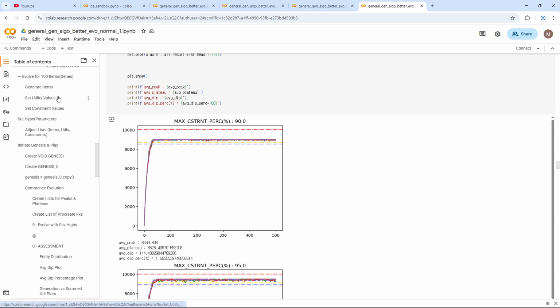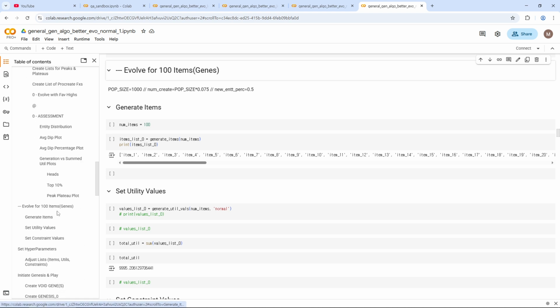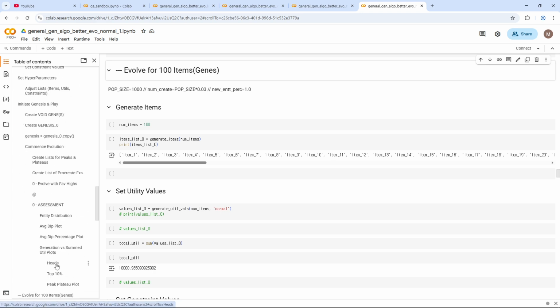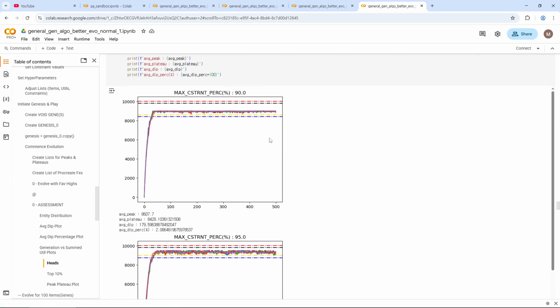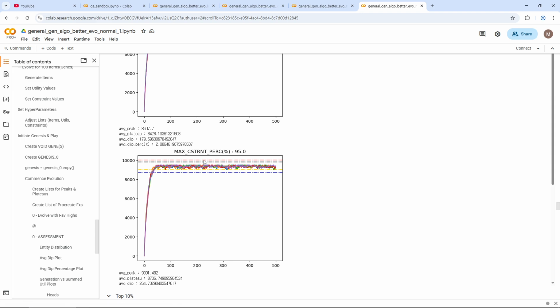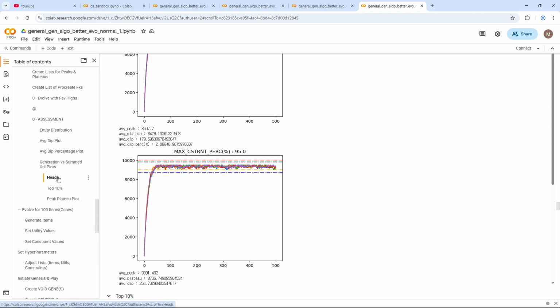This is when num create was pop size times 7.5% and new entity percentage was 0.5. And in this case it also did. Let's see. Num create is pop size times 3% and new entities percentage is at 100%. And oh, in this case it didn't. Okay, that's sad. But it's a lot closer.